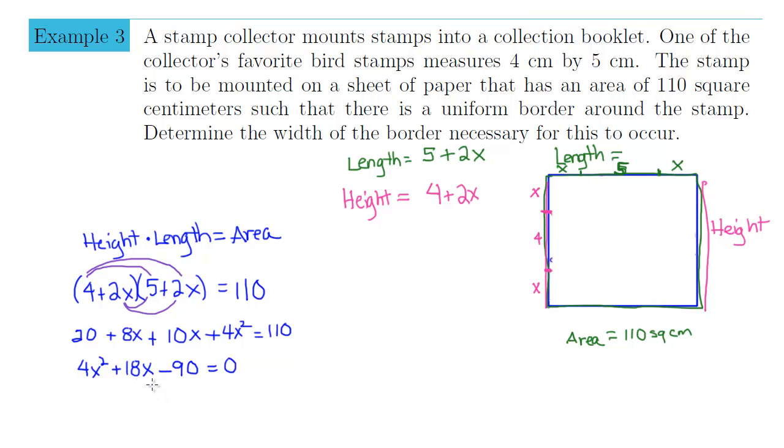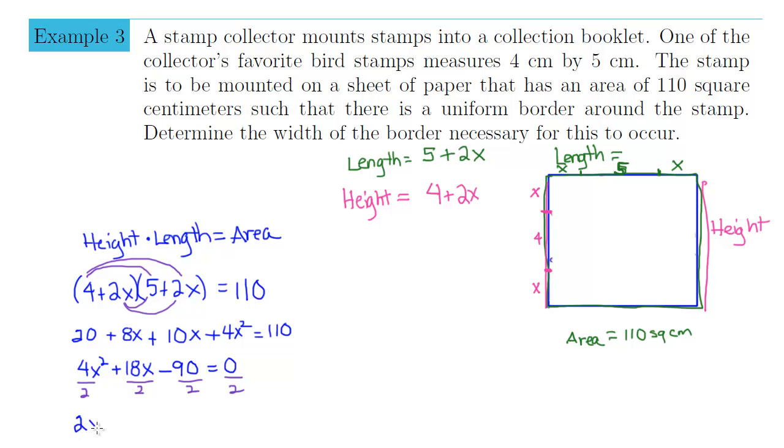Lastly, we want to solve. We can either complete the square, use the quadratic formula, or factor. Now, my method of choice is factoring, if possible. I'm going to start, though, by noticing that each of the terms in this equation is divisible by 2. Do you see that? So if we divide each term by 2, that just gives us a slightly simpler equation to work with.